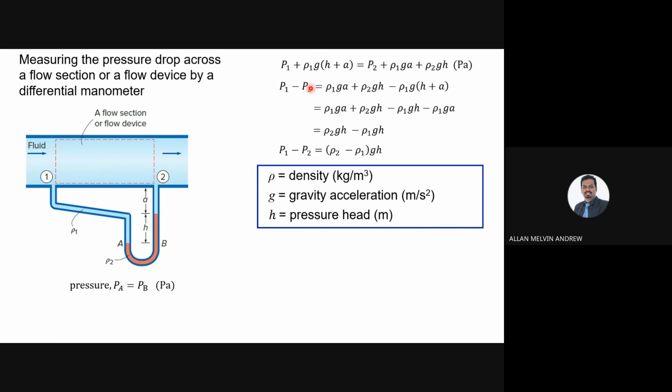Now you rearrange, because you want to find the differential between pressure 1 and pressure 2.